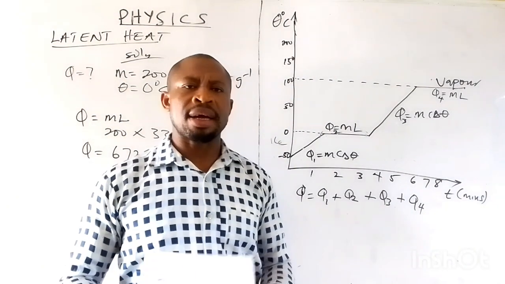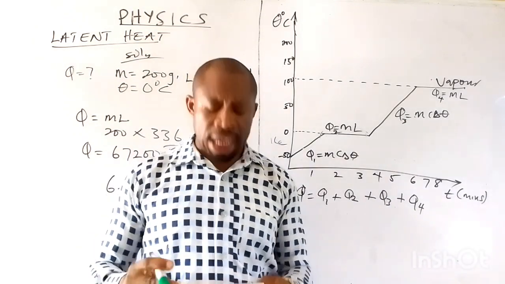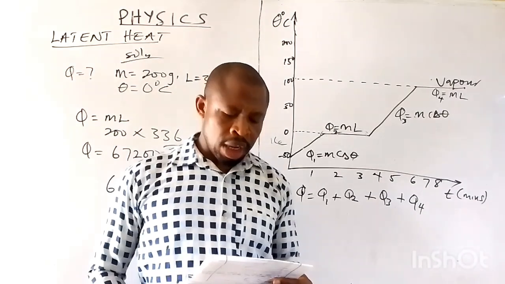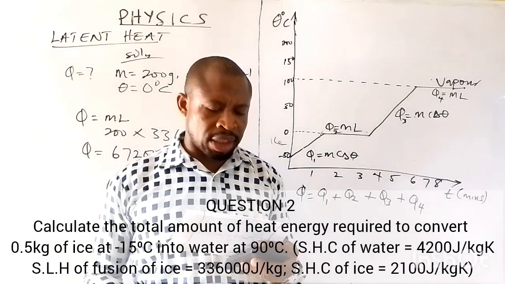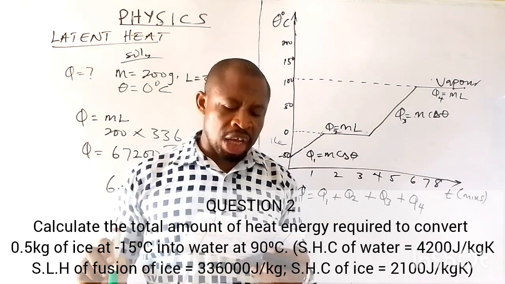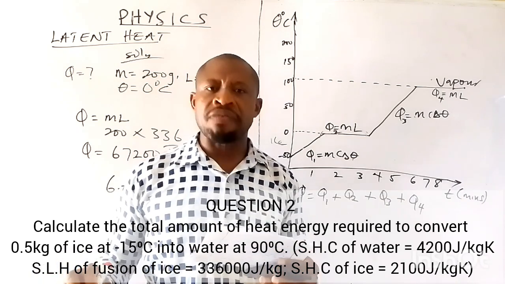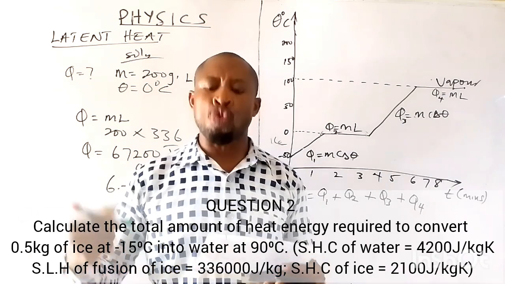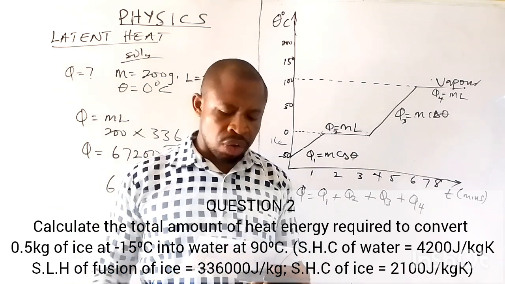Now we take the second question. The second question says, calculate the total amount of heat required to convert 0.5 kg of ice at minus 15 degrees Celsius into water at 90 degrees Celsius.